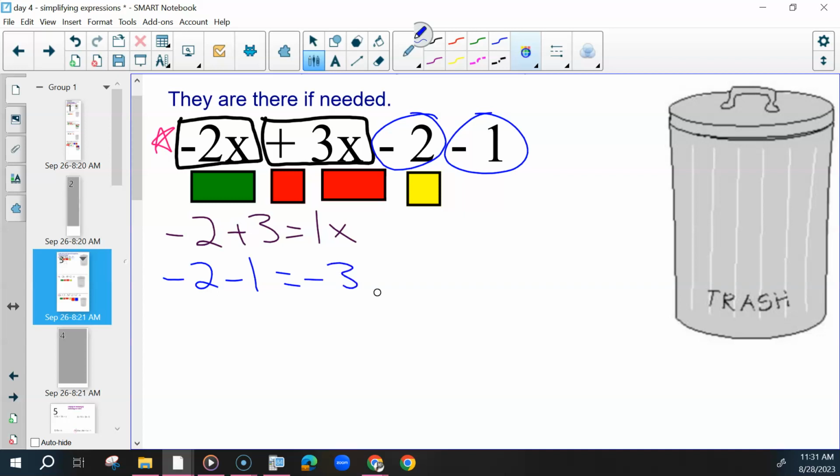Then you take these two and just rewrite them. That answer should look familiar. It's the same one we just got on the previous page. We've just now done this algebraically. Do you have any questions on how we found the like pairs, combine them to get the final answer?